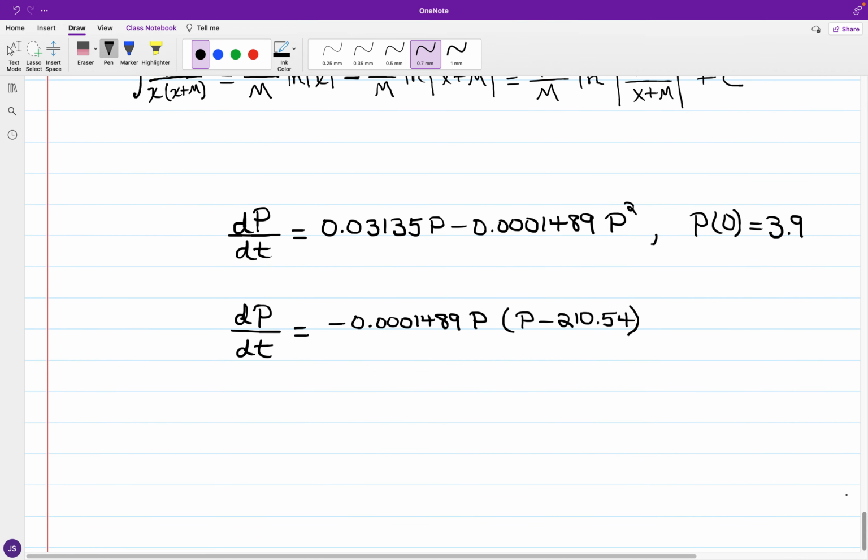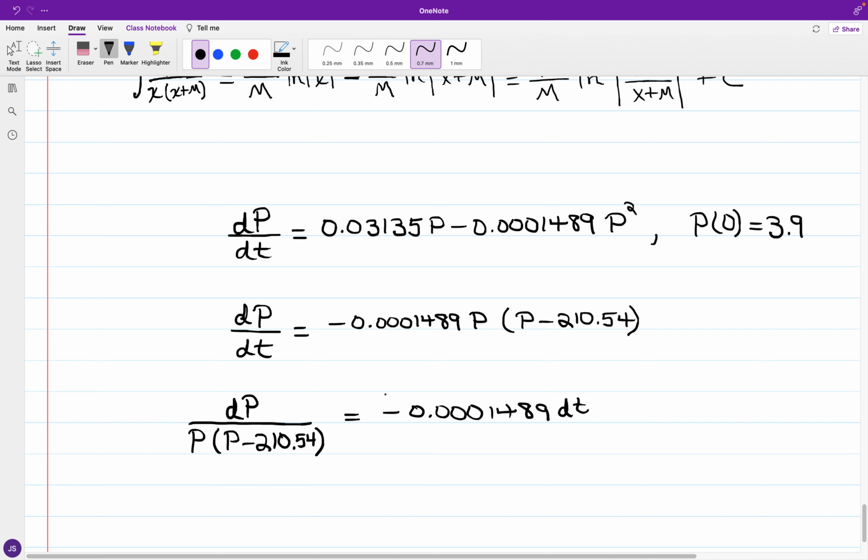If I separate the variables, we have dP all over P times the quantity P minus 210.54 equal to negative 0.0001489 dt. So we have some very small decimal numbers in the mix.